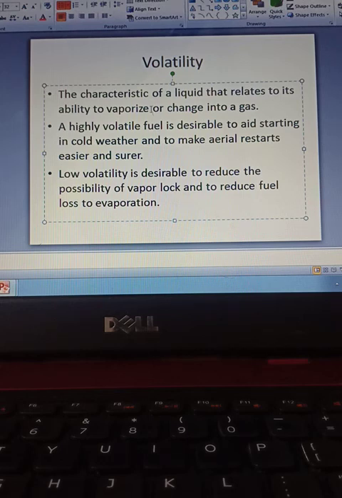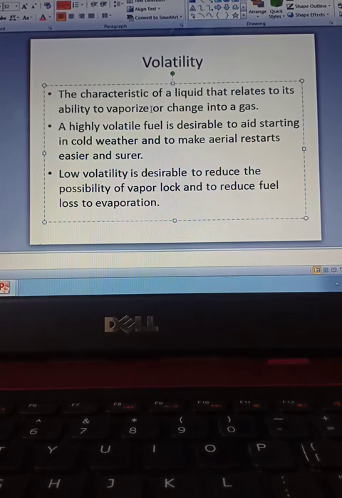So jet fuel has this characteristic. The one is high volatility. The main advantage is to aid starting in cold weather operation. But the disadvantage is a higher possibility of vapor lock and higher possibility of fuel loss to evaporation.